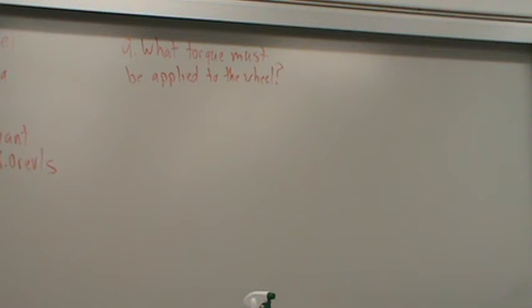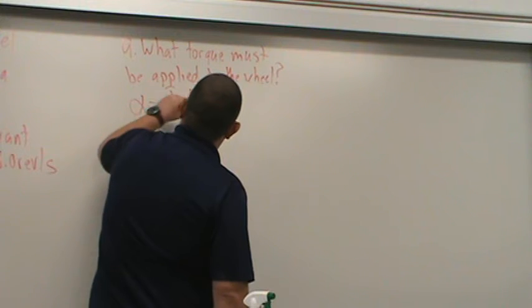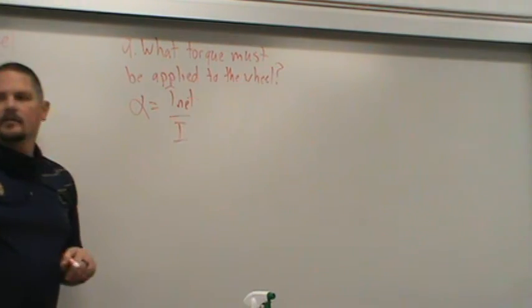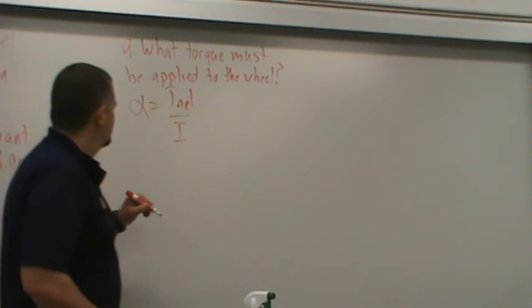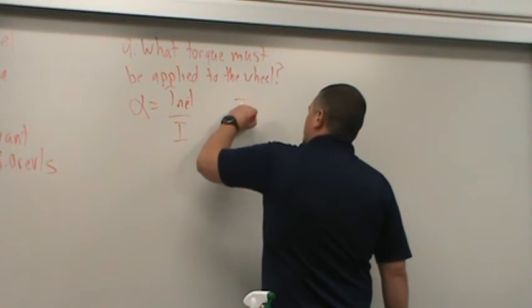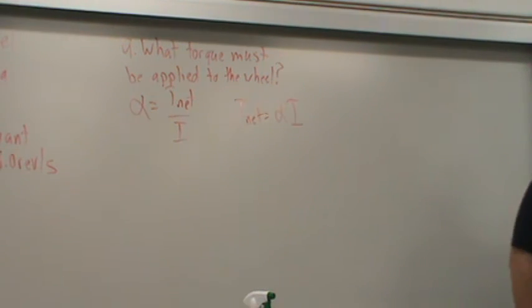Okay, so to figure out what the torque is, we're going to be using the formula that we just wrote down for angular acceleration. So to get torque by itself, how do we do that? Alpha times I. Net torque is equal to alpha times I. So now we just need to figure out our angular acceleration and our moment of inertia. Which one do you want to work with first?